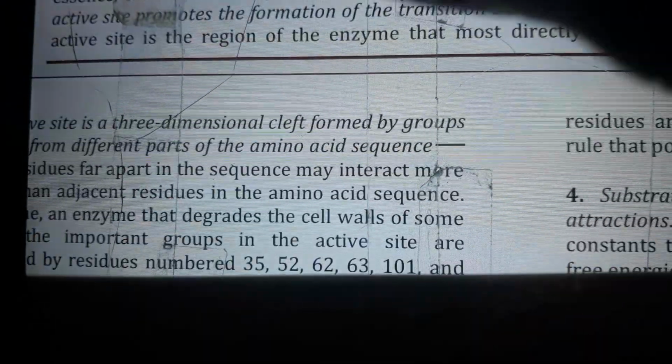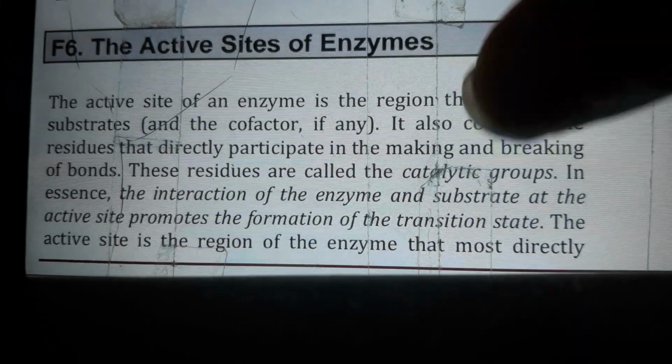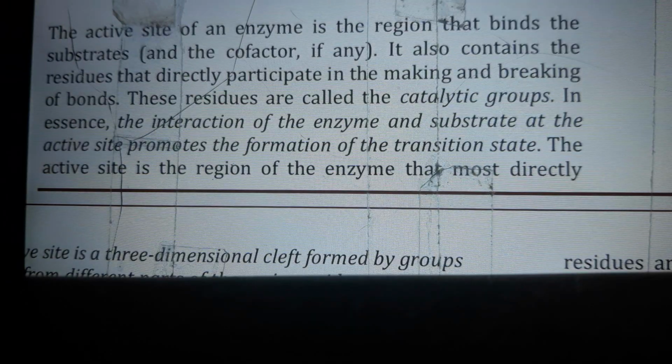Next would be the active sites of enzymes. The active site of an enzyme is the region that binds the substrates and the cofactor, if any. It also contains the residues that directly participate in the making and breaking of bonds. These residues are called the catalytic groups. In essence, the interaction of the enzyme and the substrate at the active site promotes the formation of the transition state.